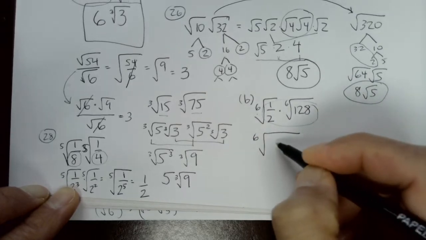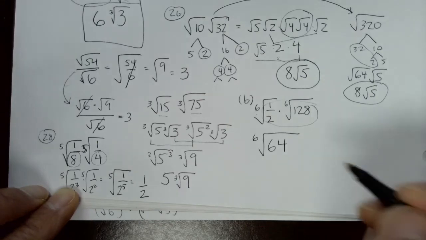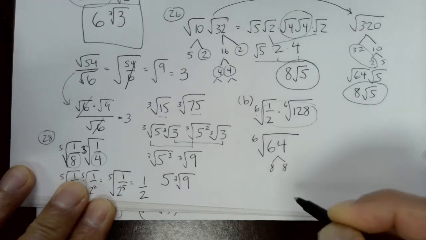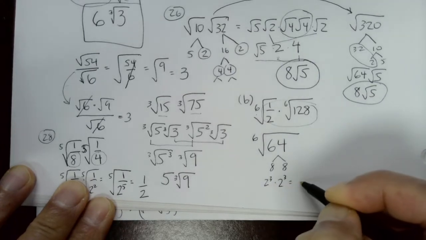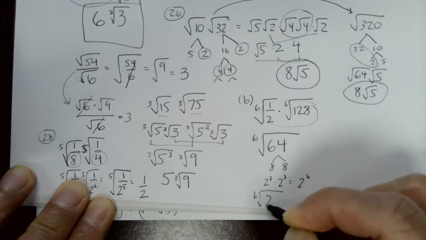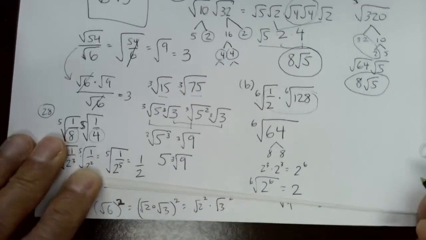So 128 times 1/2 is 64. Well, 64 happens to be 8 times 8, which happens to be 2 cubed times 2 cubed, which is 2 to the 6th. So then the 6th root of 2 to the 6th is simply 2.